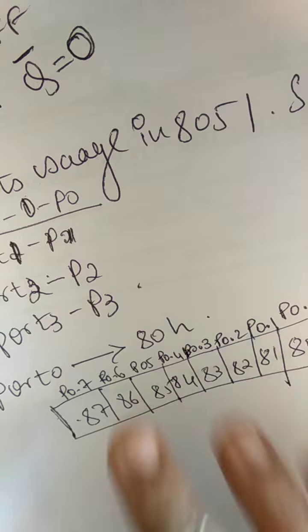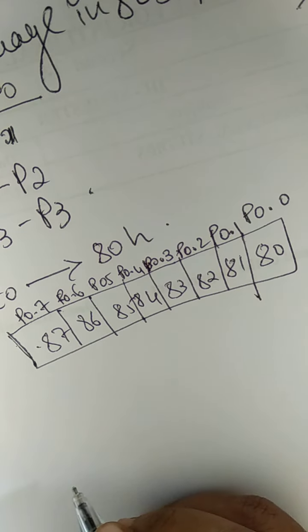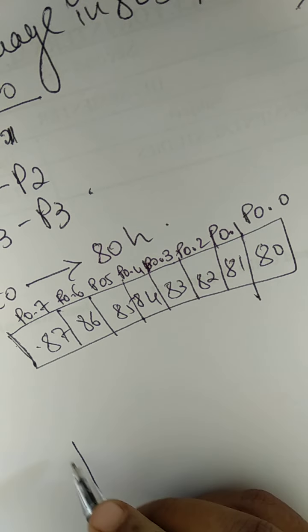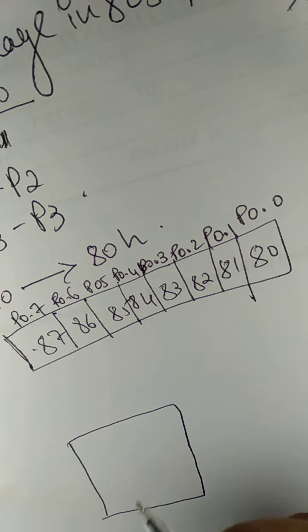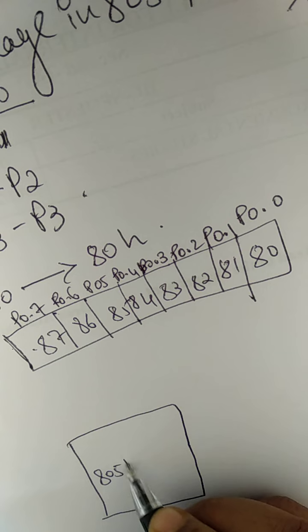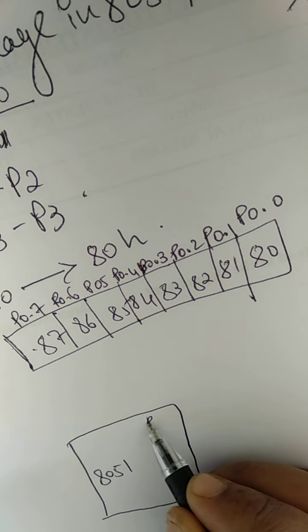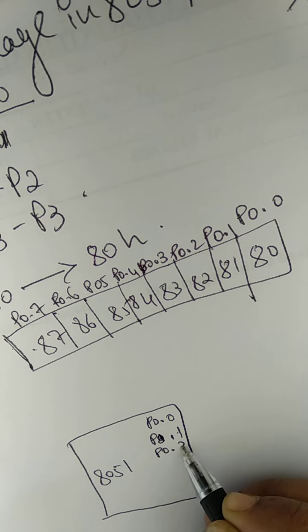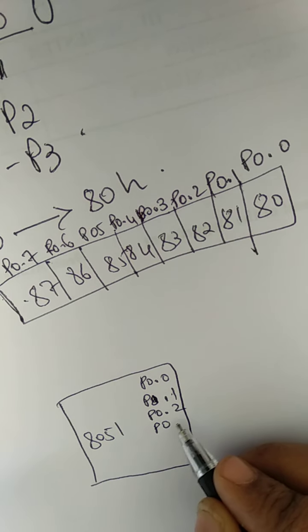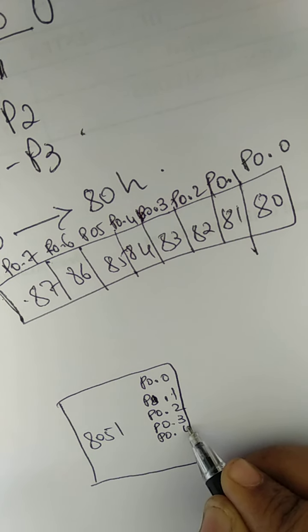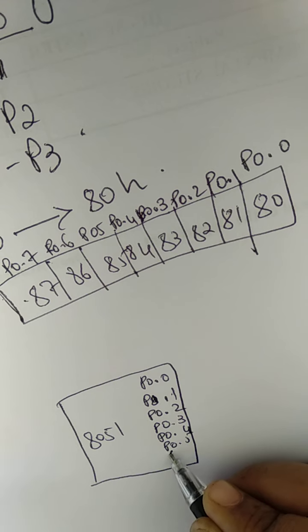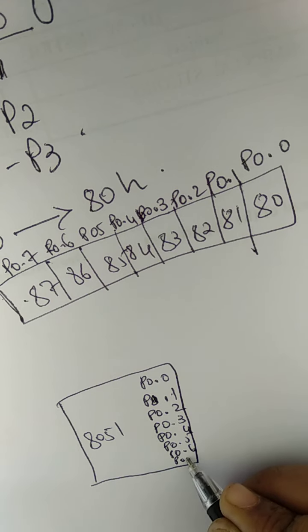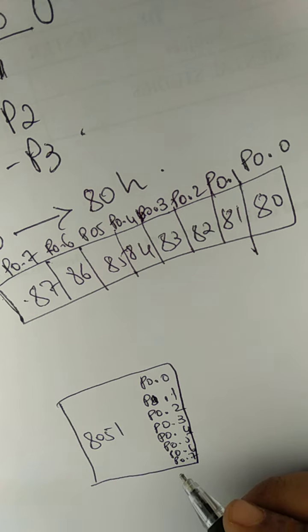This is the 8051, in which we have P0.0, P0.1, P0.2 up to P0.7. These pins are connected as input and output.